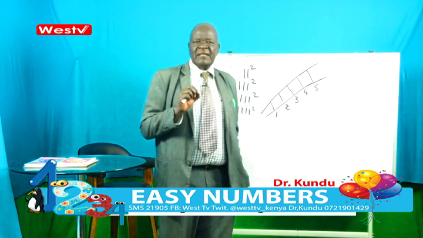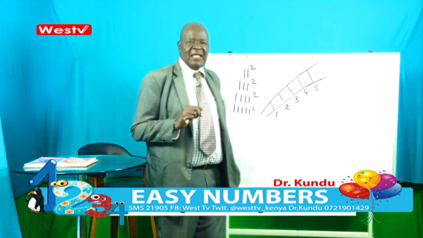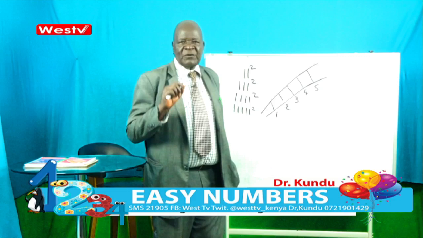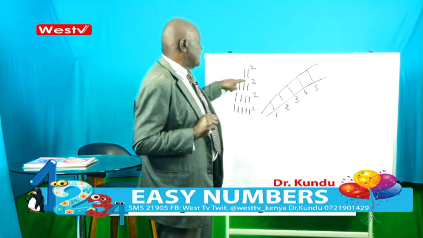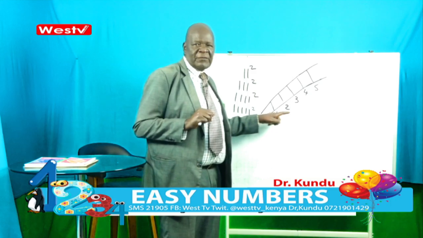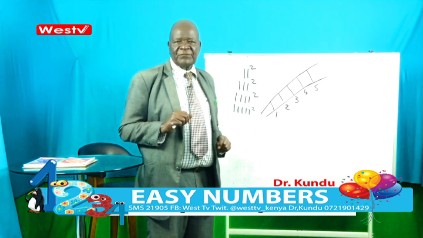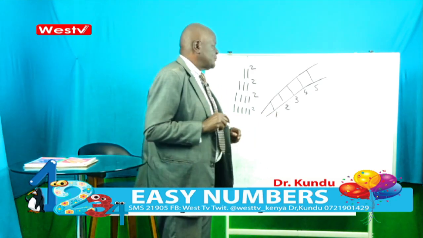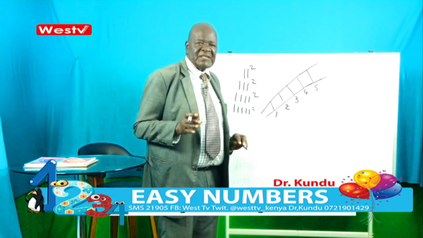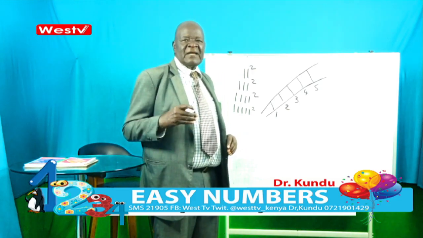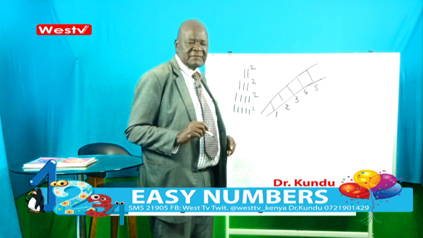Let us see what happens when you are squaring numbers composed of ones. Each one in the number is a stair on the ladder. So if you were to square 11, you will treat it as a ladder that has only 2 stairs.